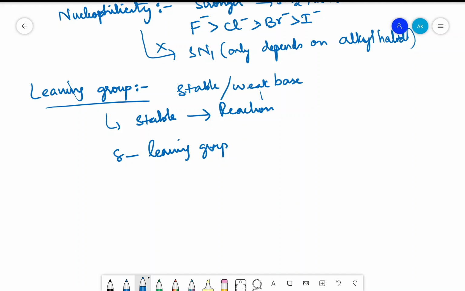Therefore, the best leaving groups are the ones which form the more stable anion. So the leaving group are categorized as best if the anion, that is negative charge, is stable.